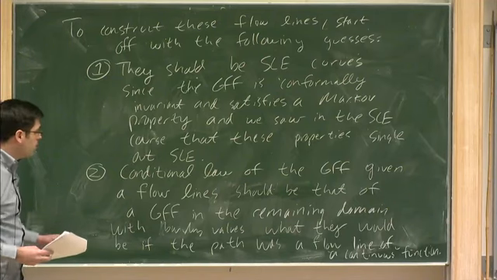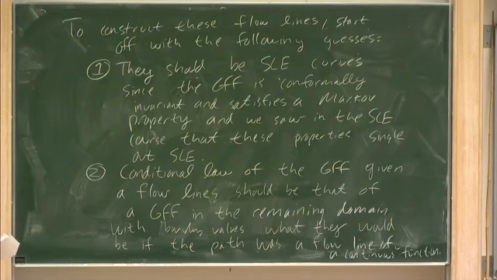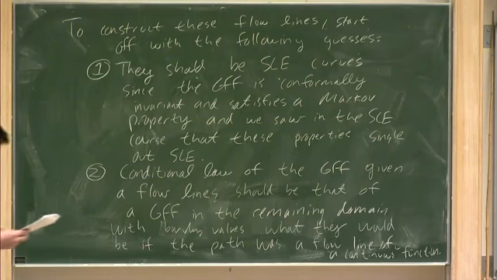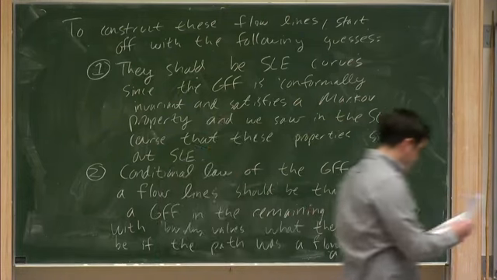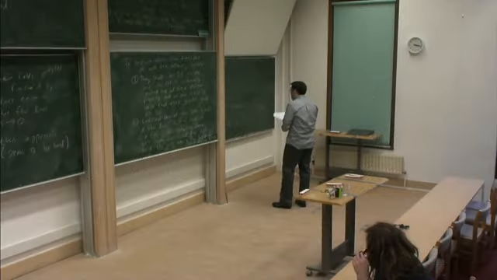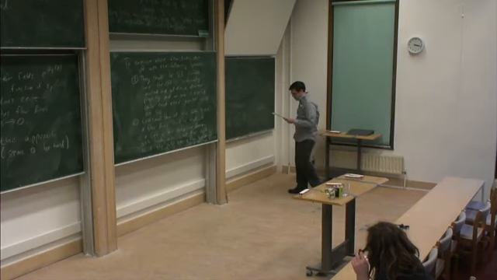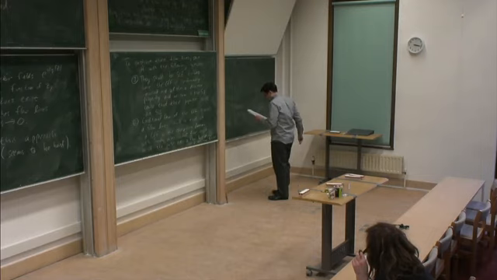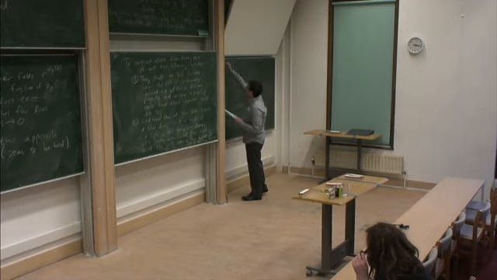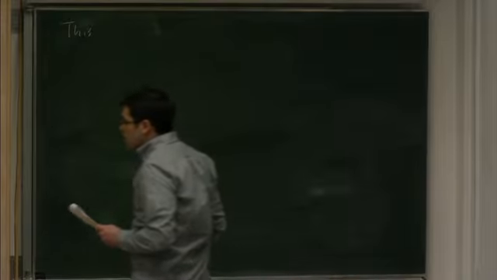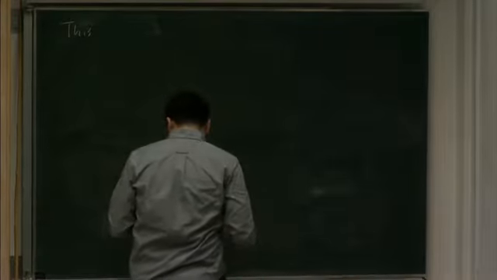And put in the Gaussian free field language, this tells you that all that you should get from seeing the flow line are what the boundary values of the Gaussian free field should be along the path itself. Okay, and so using this idea, what we're going to do now is describe a sort of two-step procedure for sampling the Gaussian free field along with one of these flow lines.